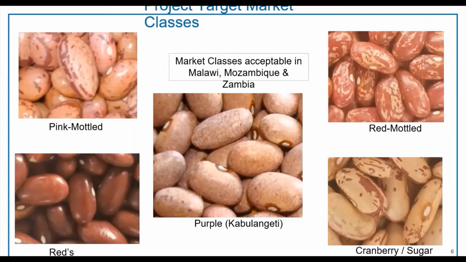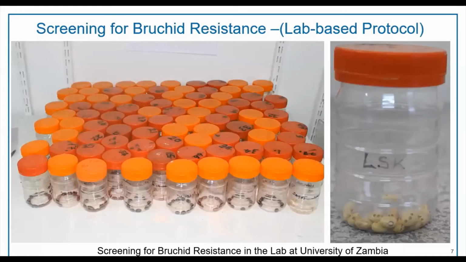So how do we go about our screening? Before we could actually start our breeding work, first we had to test the protocol to try and adapt it for our screening work here in Zambia, and also for our partners in Malawi and Mozambique.